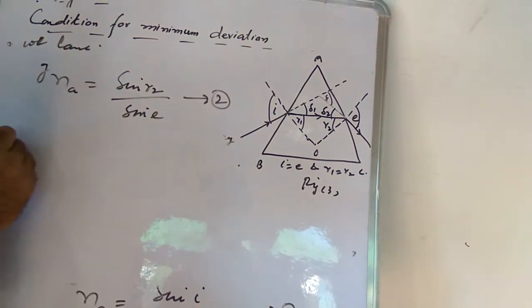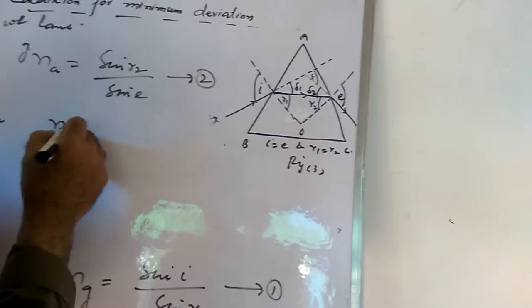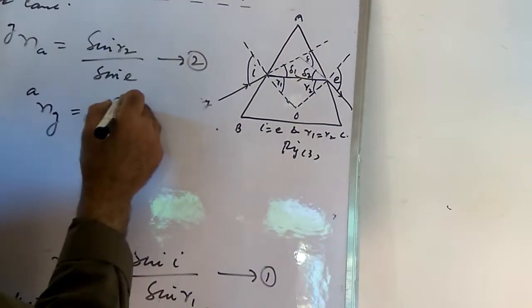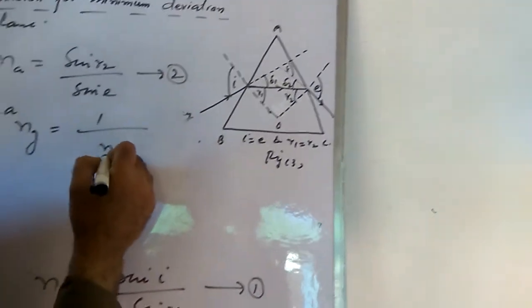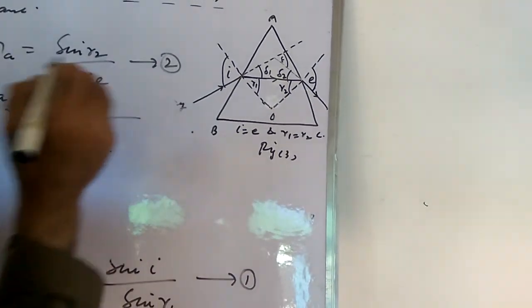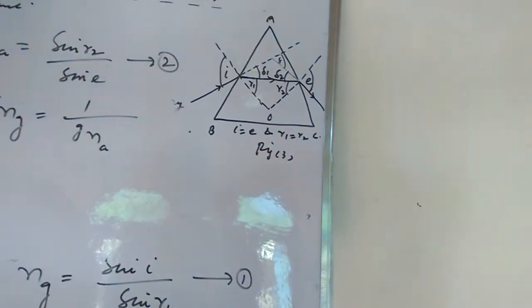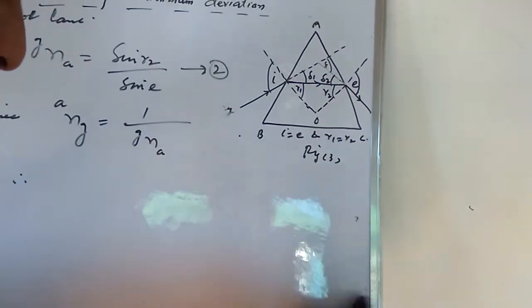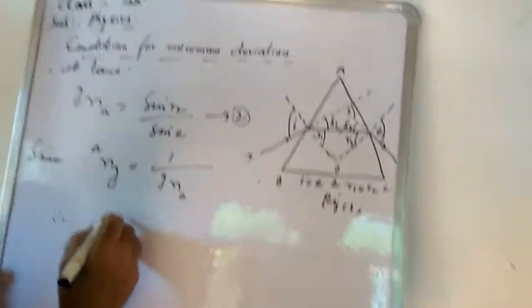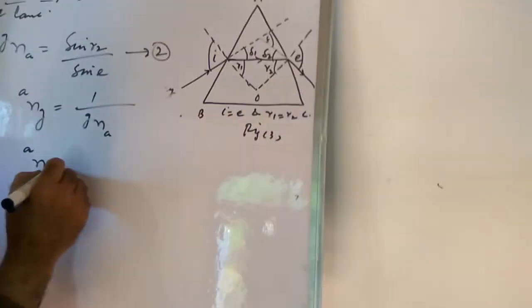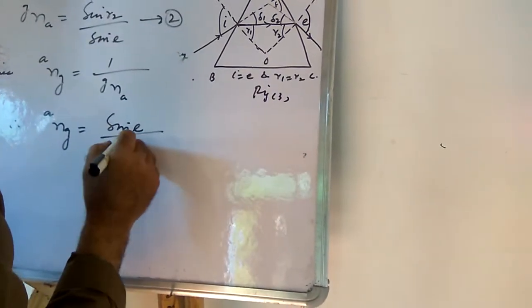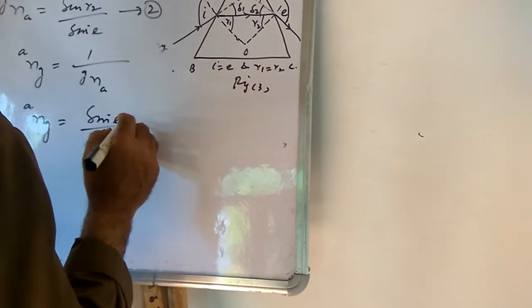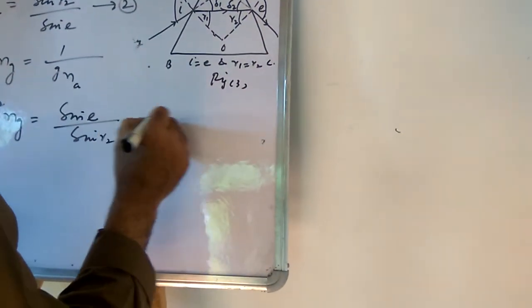Now dear students, since the refractive index of glass with respect to air is 1 by the refractive index of air with respect to glass, therefore it is equal to sin E divided by sin R2. Third.